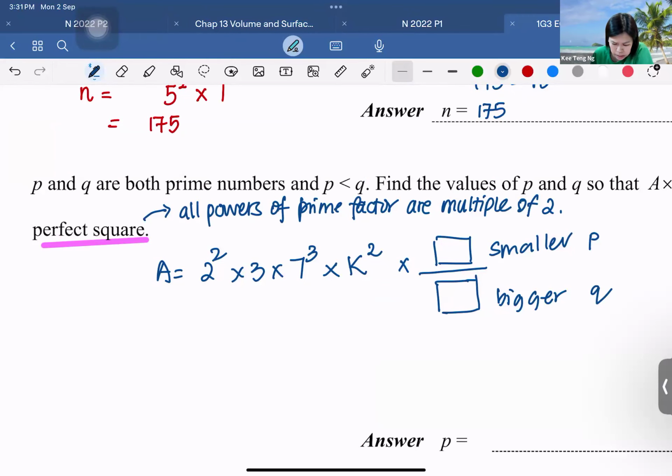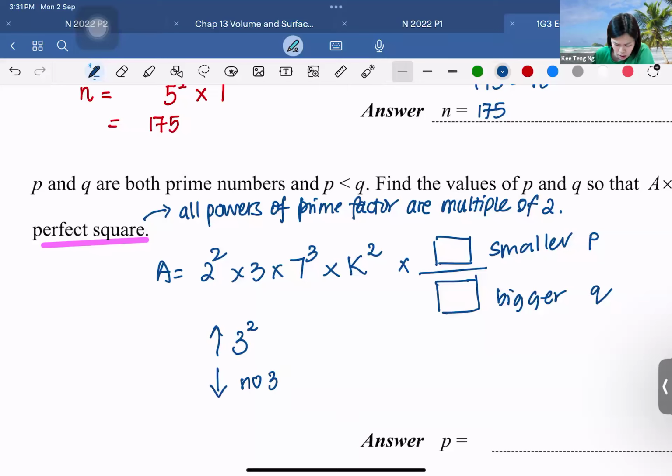Let's check one by one. A has 2 squared, already 2 squared, no problem. 3 is on its own. Either I can increase the power to make it 3 squared, or I decrease the power to make it no more 3.